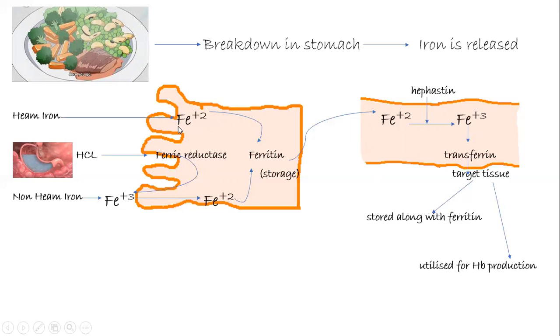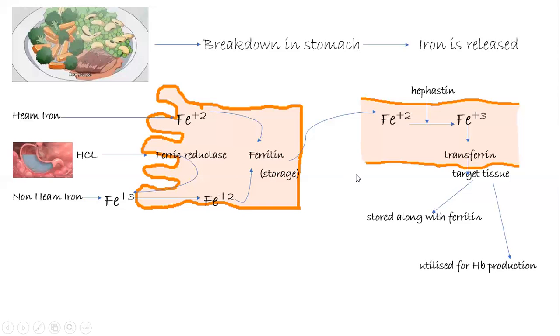This Fe plus 2 is directly stored using ferritin. But the non-heme iron is present in the form of Fe plus 3. So before it is absorbed in the body, the ferric reductase which is present in the gastric juice reduces this Fe plus 3 to Fe plus 2. Now this Fe plus 2 is stored using ferritin.